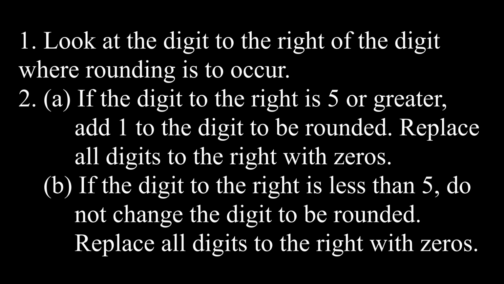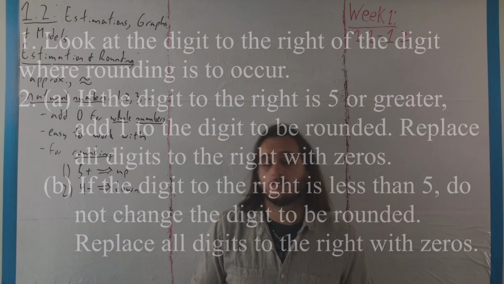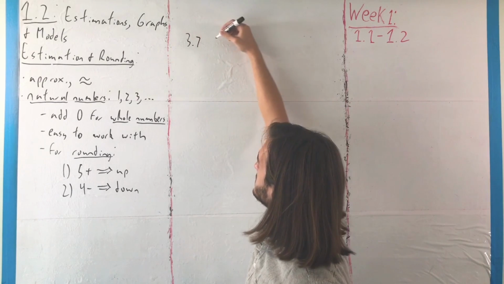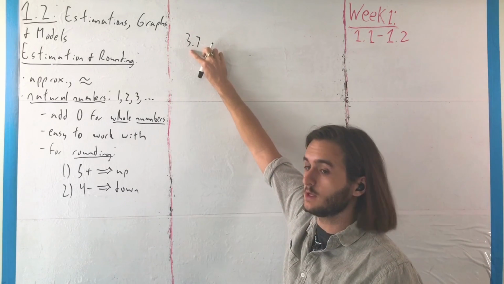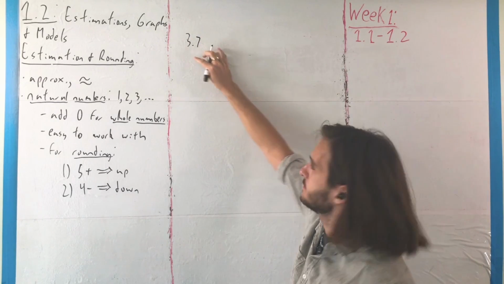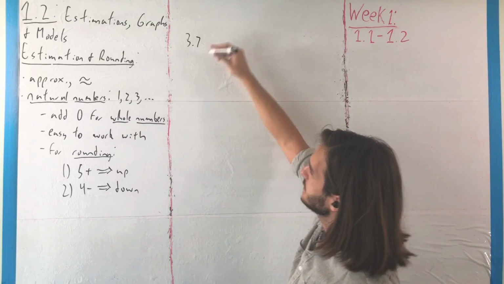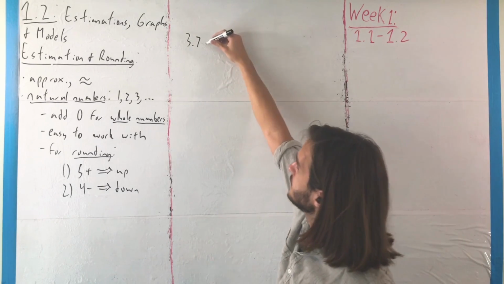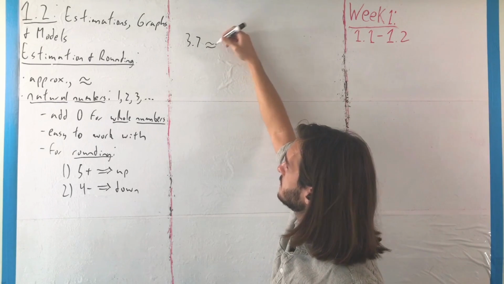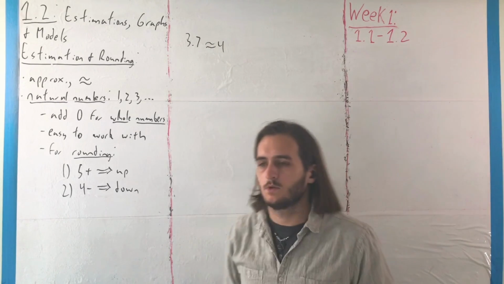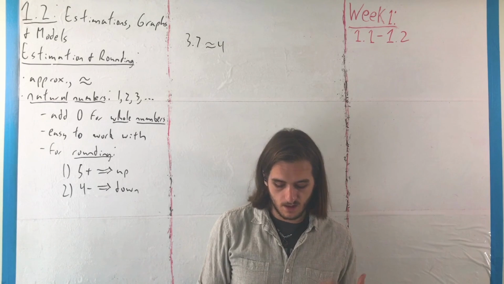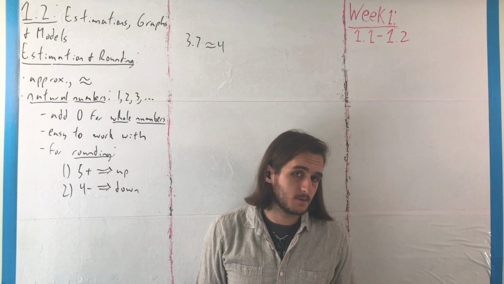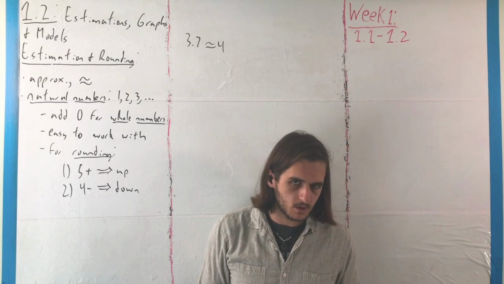So, a really simple example: if we wanted to take a value like 3.7 and round to the nearest whole number, the nearest natural number in this case, we would recognize that the 7 is bigger than 5. So rounding to the nearest whole number gives us that 3.7 is approximately 4. And depending on what our purpose is, that might be good enough.